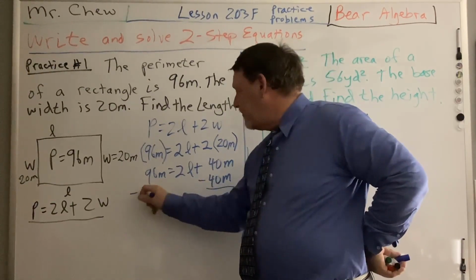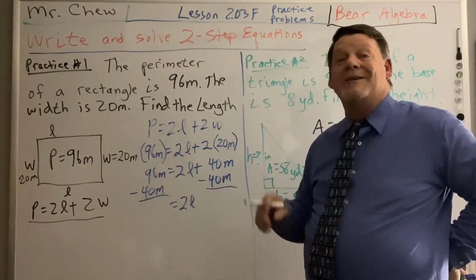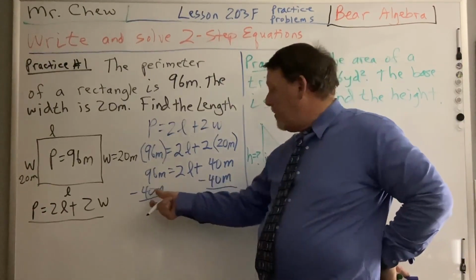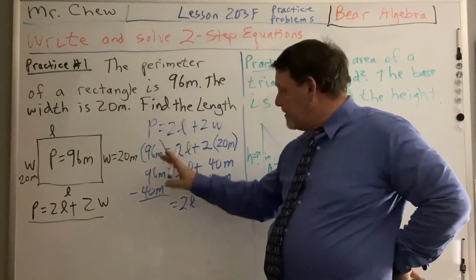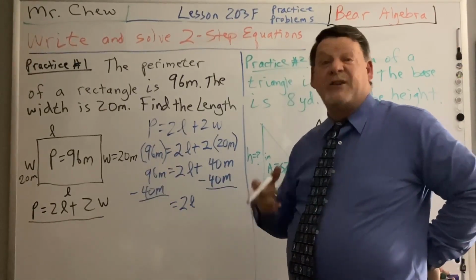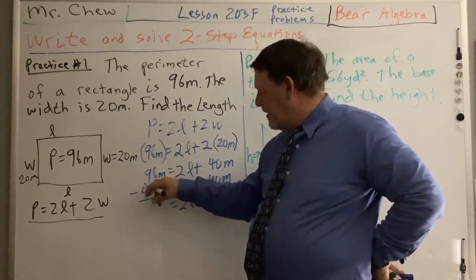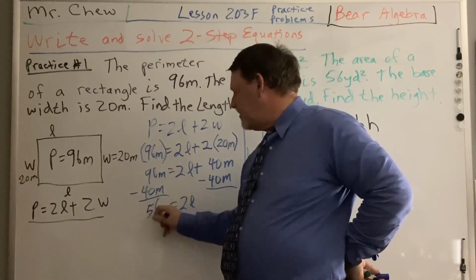And then I'm subtracting 40 from this side because remember, the inverse operation is the subtraction property of equality. So I subtracted 40 meters from both sides. I had to do the same thing to both sides of the equation to allow it to still be an equation. This crossed out, and then 96 meters minus 40 meters is 56 meters.